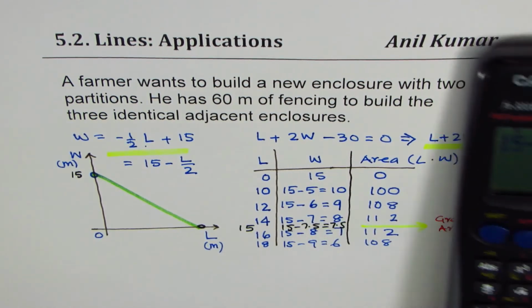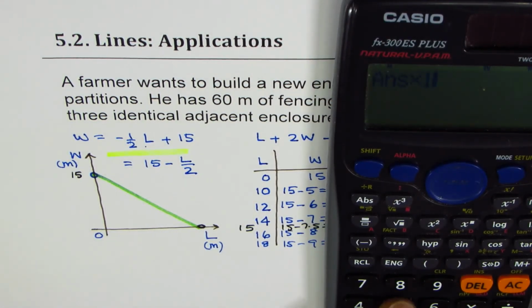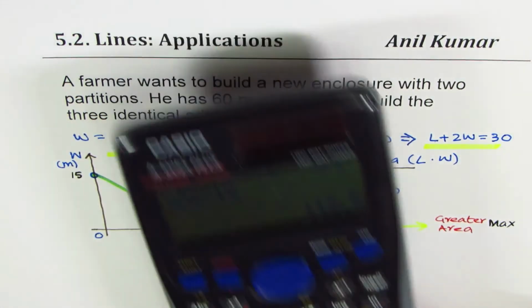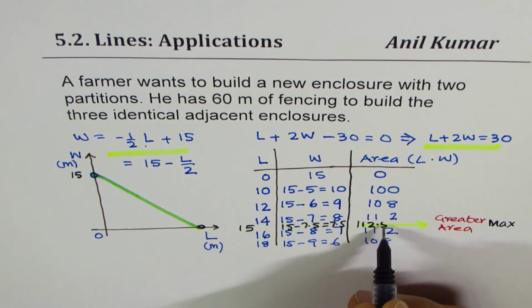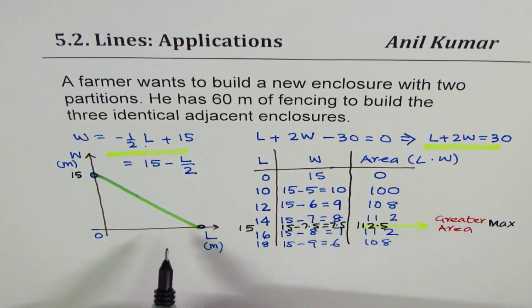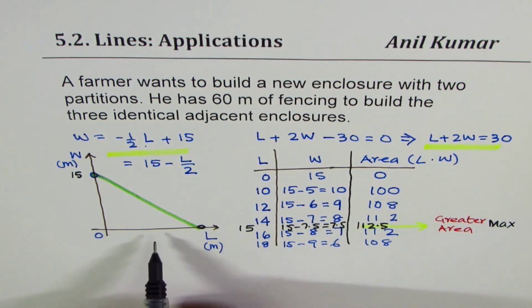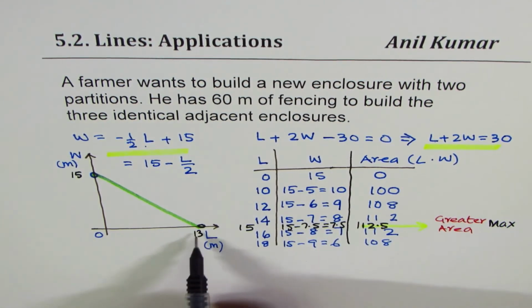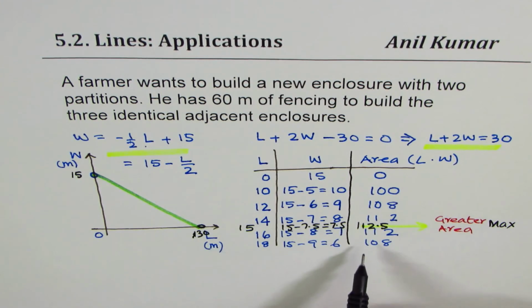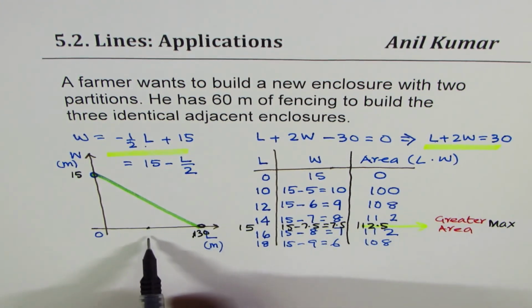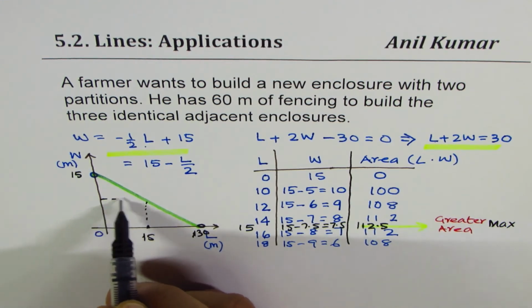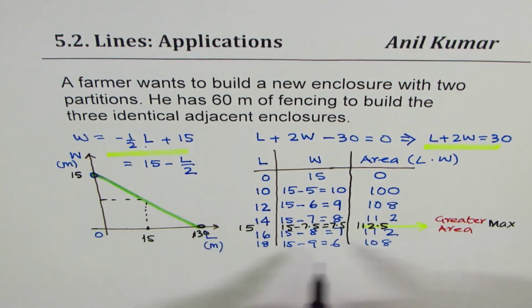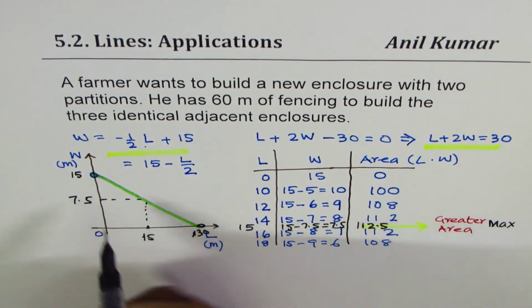What is the area? 7.5 times 15 is the area, which in decimals is 112.5. So right in between them, we have these values as 15 and 30. Right in the center over here, if we choose the dimensions, we might get the maximum area.